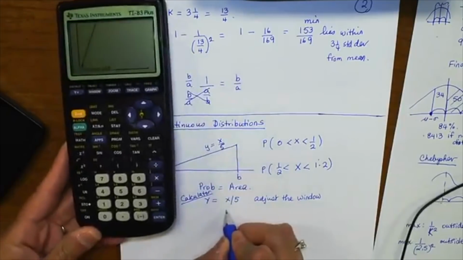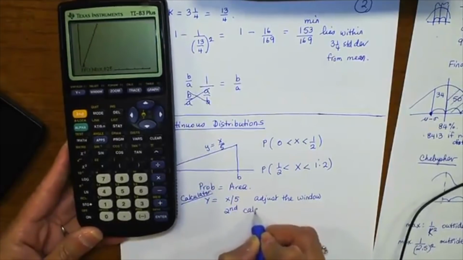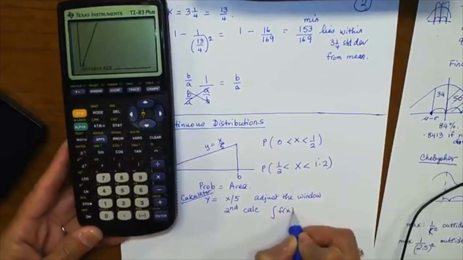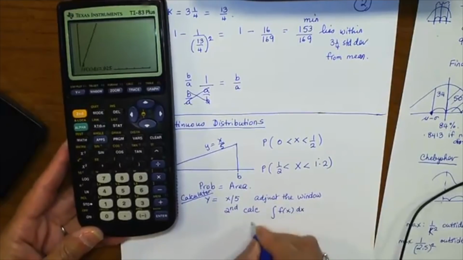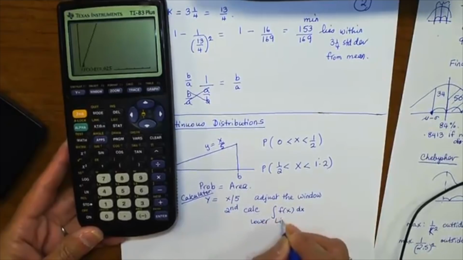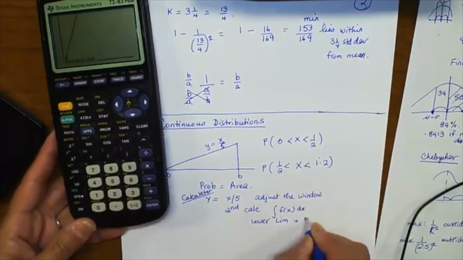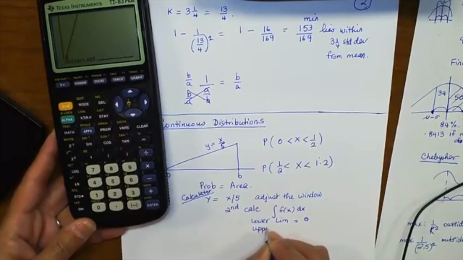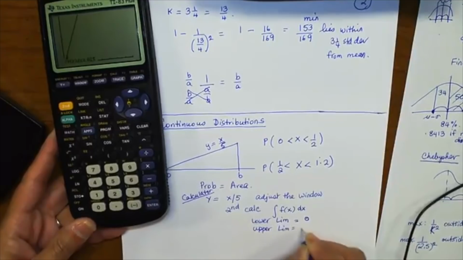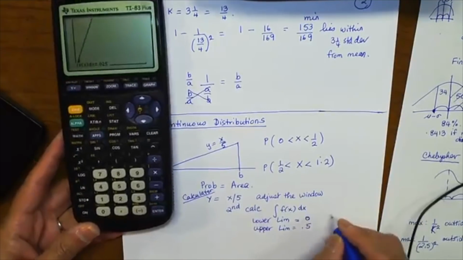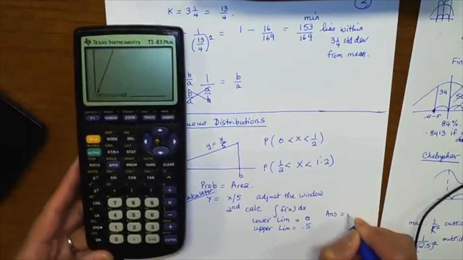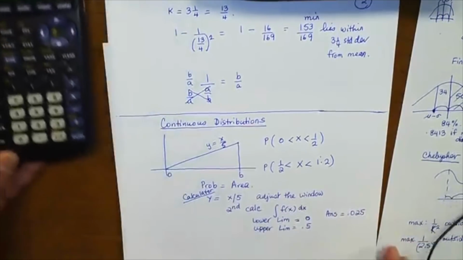And then second calc, integral f of x dx. And then it says lower limit equals 0 and upper limit equals 0.5. And then it spits out the answer, which is 0.025. That's one way to do this problem.